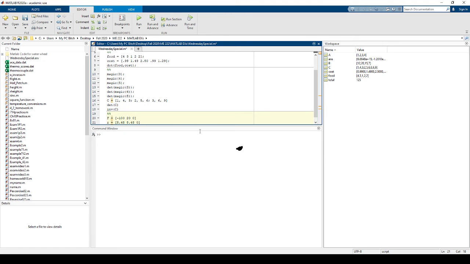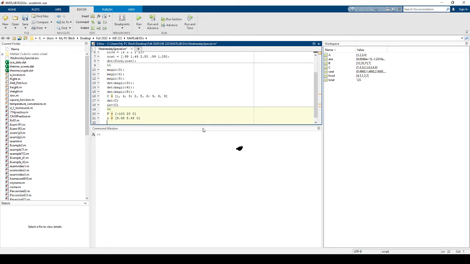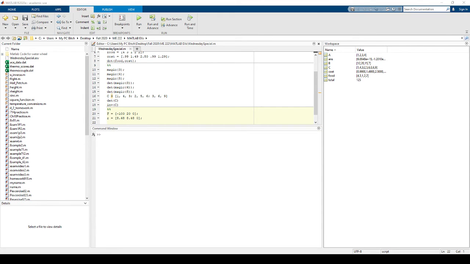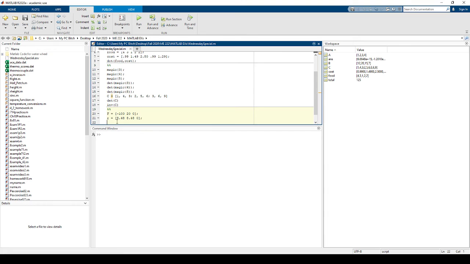You could do 12 over root 2 if you wanted to, but I'm going to reduce it. And then the last part of this was that we just need to do r cross f. Let me get rid of the black spot off the middle of the screen. So you do cross, which is the name of the function, and you do r and f, and see what that gets us.